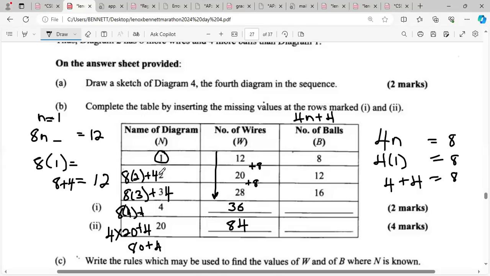For the wires, we say it's 8n plus 4. So that's what we're going to be doing now. So for 4, it will be 4 fours, 16, plus 4, that's 20.